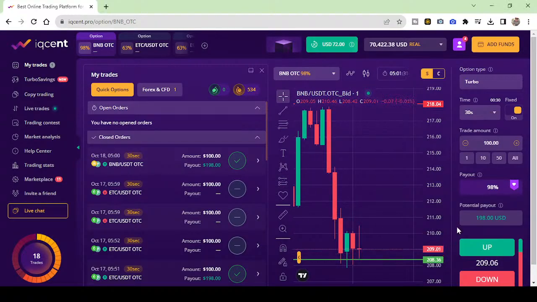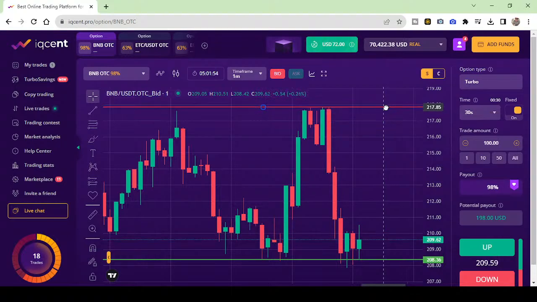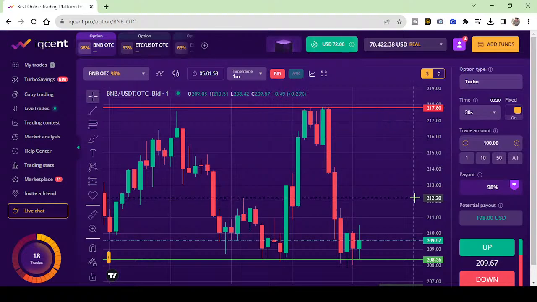Now we are going to continue. Let's see if we get in more on this line. So our line, to repeat, is at 208.36. I'll remove this. The one at the top, we are also trading, if you get up there. So this is our trading zone right now.